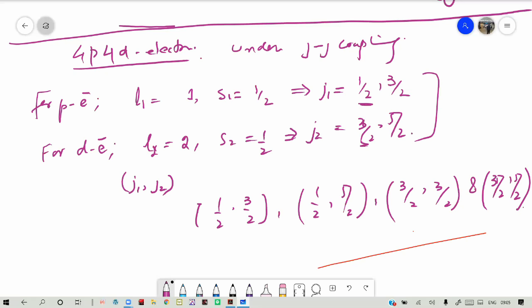That's how we get 1 by 2 and 3 by 2. Similarly, for another electron, we find the combination of J2, the minimum to maximum possible values, so again we go from L2 plus S2 to L2 minus S2.